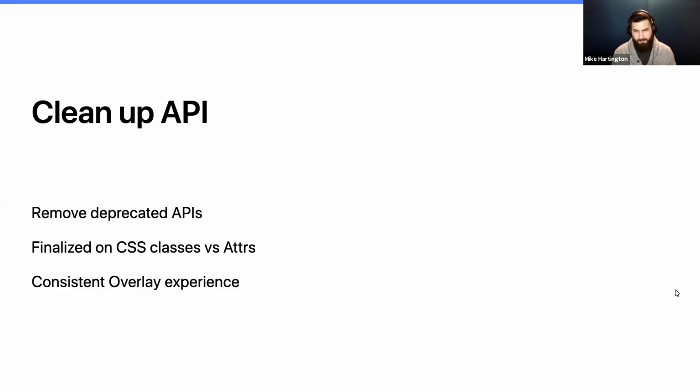So if you're coming from React and using Ionic React currently, this actually doesn't affect you. You've been using CSS classes instead of attributes since day one. What we noticed is instead of creating two versions of our CSS, one for attributes and one for classes, it didn't really make sense to do that. We should just solidify on one and go with that.